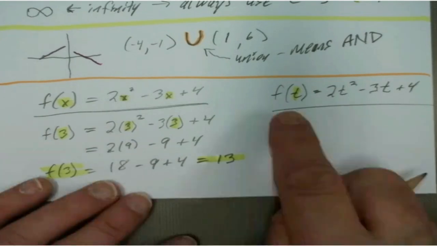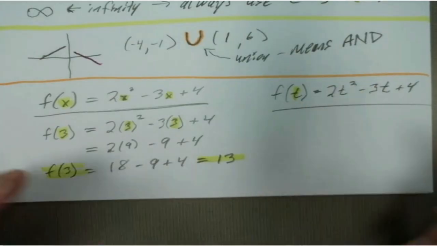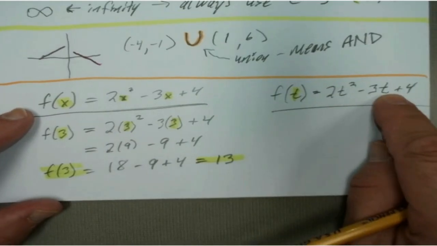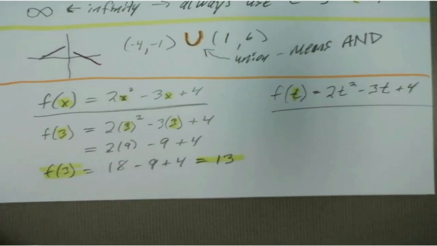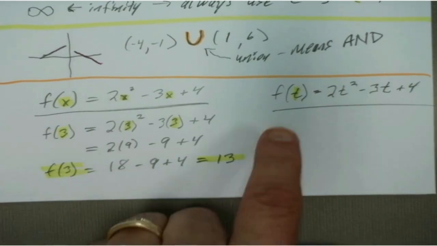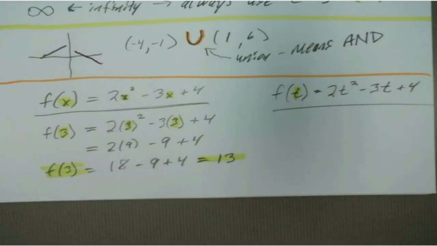And we could also do f of like t plus 1 or something. And then we'd have a t plus 1 squared. We'd have to simplify that. And 3 times t plus 1, we'd have to put that in parentheses and distribute and all that kind of stuff. But whatever is in the parentheses is what you are supposed to substitute in for each value of x.